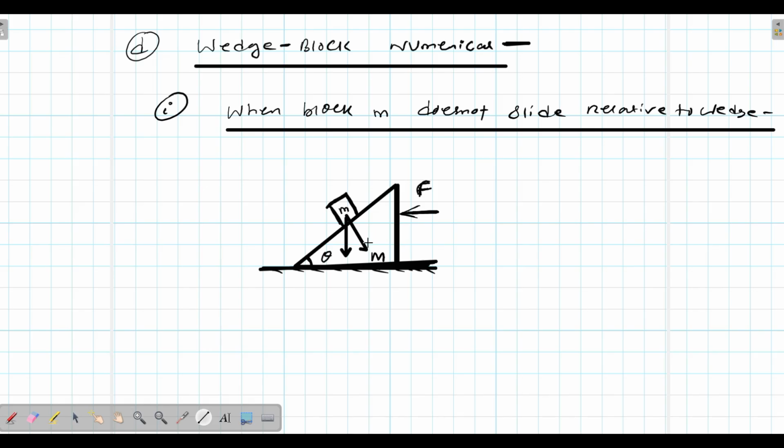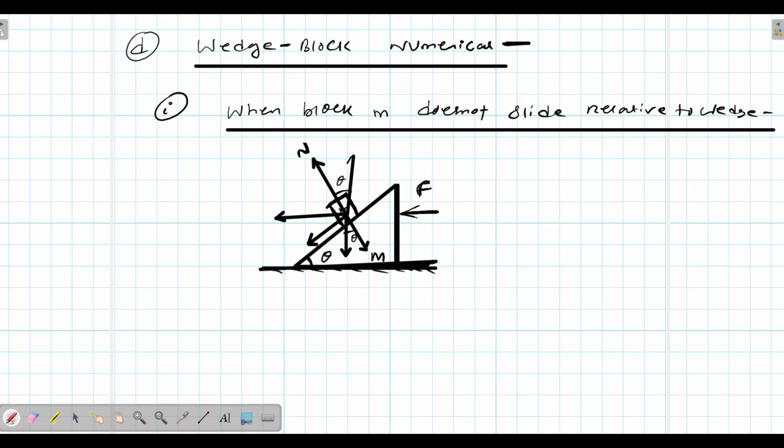N is the normal reaction. This theta, this is also theta.